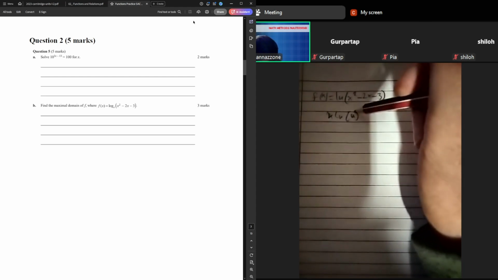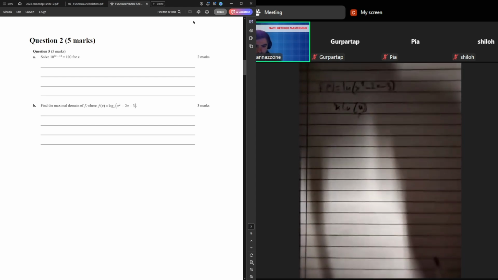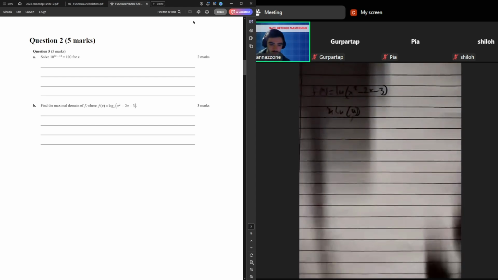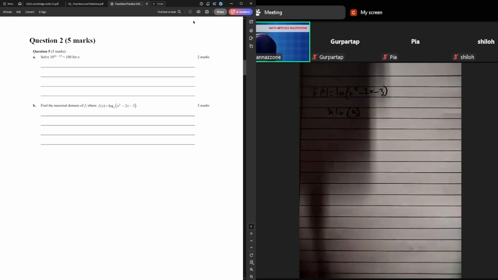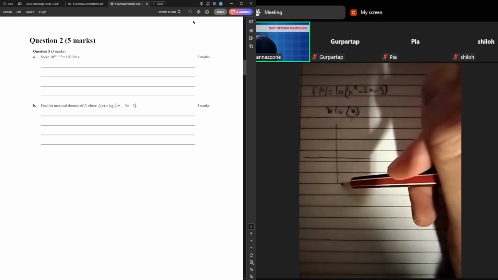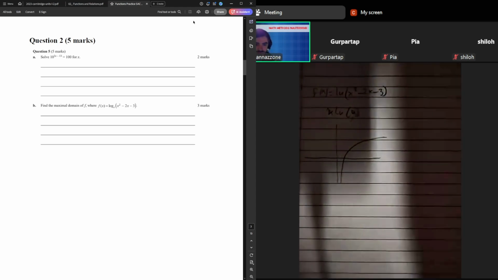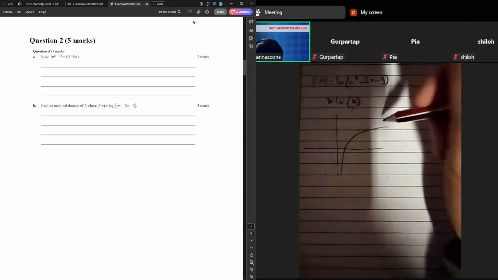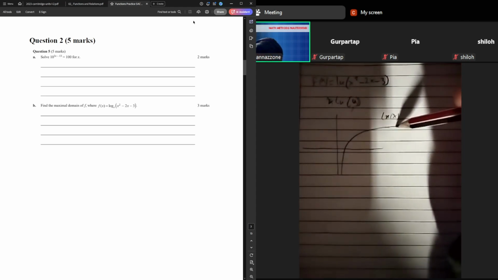If I just had some natural log of u, whatever goes in there, just some bare bones basic logarithm, what are all the possible x values of a basic logarithm? Those who know could answer, otherwise I'll just sketch an example logarithm. And someone can tell me what are all the possible x values of a function like this.